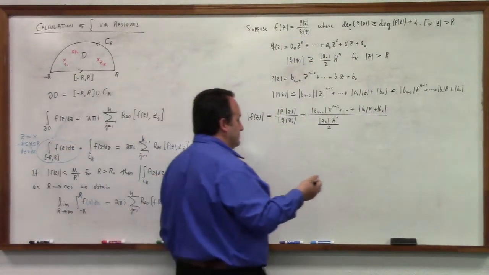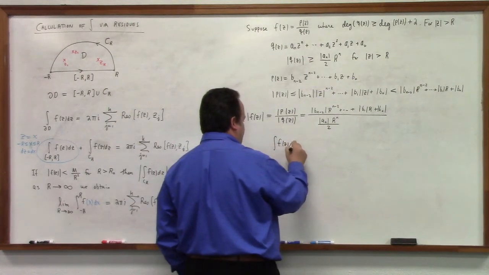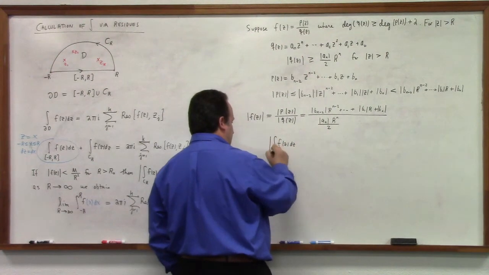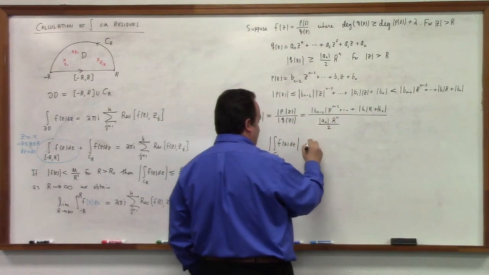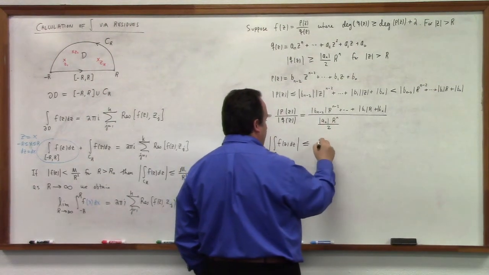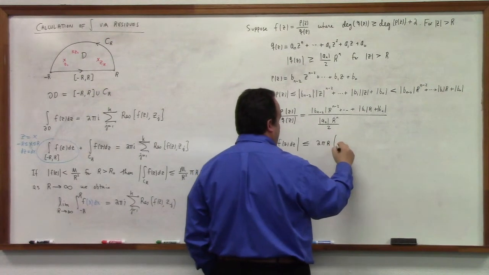By the ML theorem, the integral of f of z dz for such a rational function over the half circle of radius R, for R sufficiently large, is going to be less than or equal to pi R times all this stuff. I'll go ahead and do the reduction.